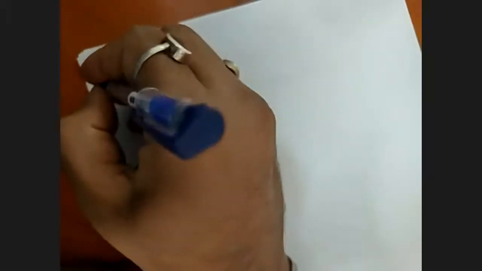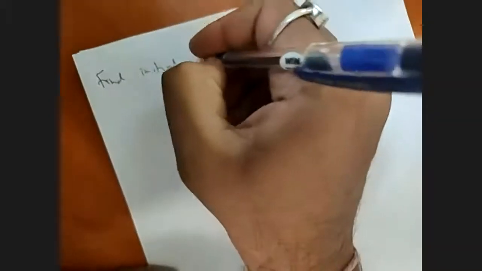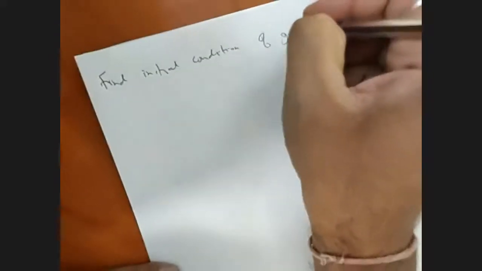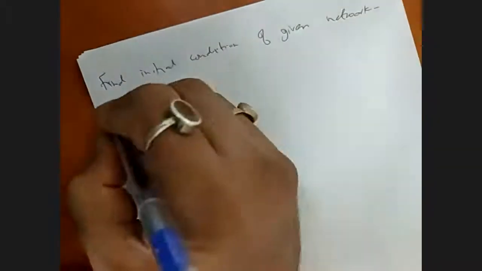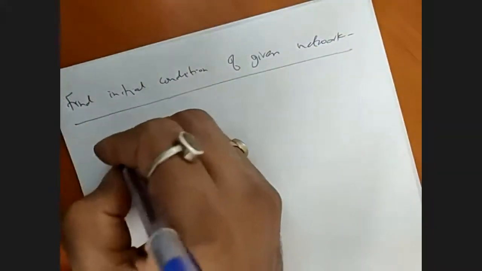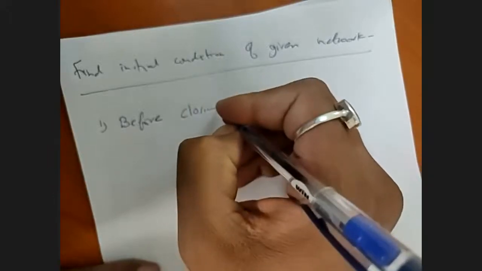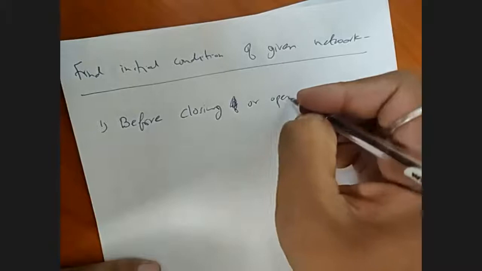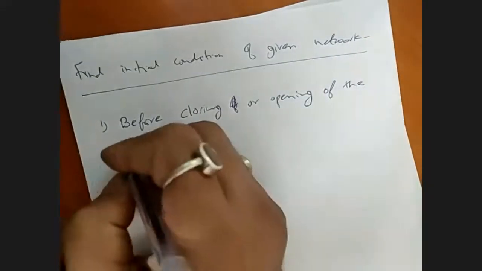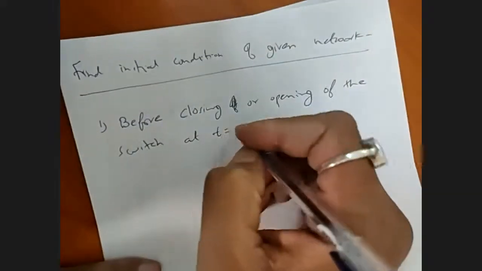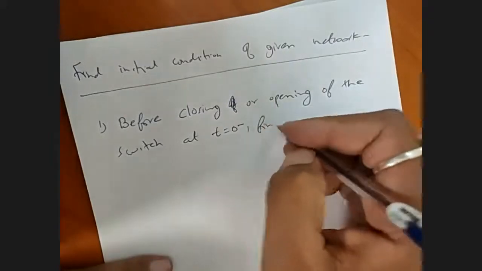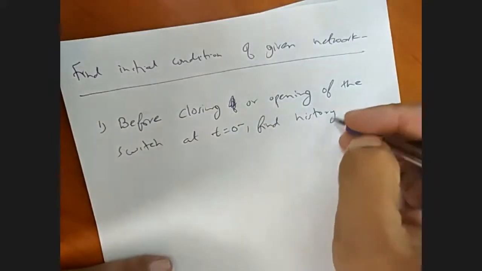So now, how to find the initial condition of a given network? तो कोई नेटवर्क हमें दिया है, उसकी इनिशियल कंडीशन हमें कैसे निकालनी है? तो first, before closing or opening of the switch at t equal to 0 minus, find the history of the network.